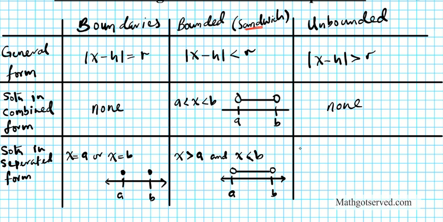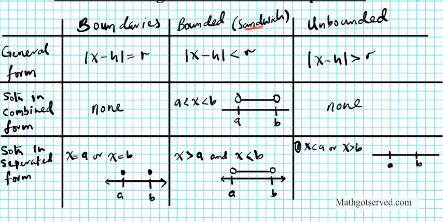So for the first case, you can have x is less than a or x is greater than b. In that case, this is the first separated form, you're going to have the arrows pointing in different directions, okay? The lower bound is a, the upper bound is b.